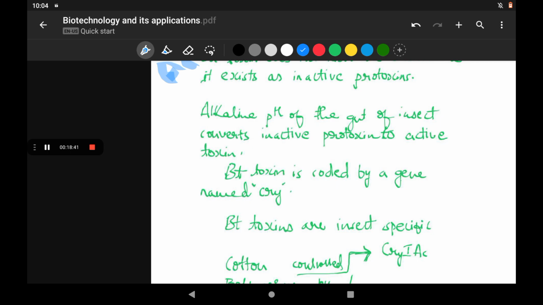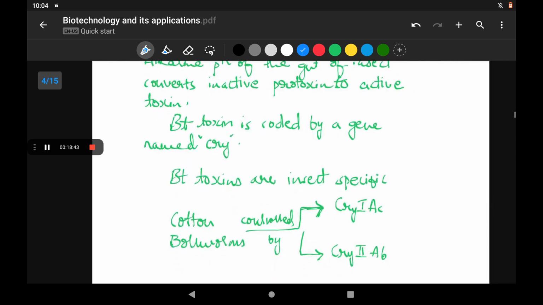Bt toxins are insect specific, or insect group specific also. I have already told you there are 3 groups of them: the coleopterans, lepidopterans, dipterans. Now the cotton bollworm is controlled by 2 Bt toxins: Cry1AC and Cry2AB.